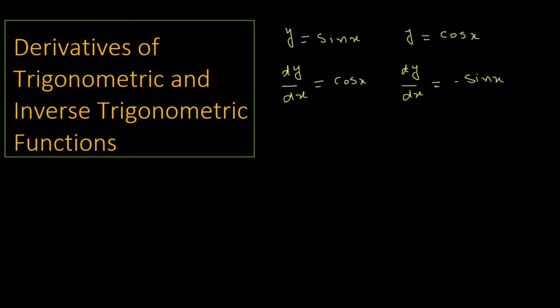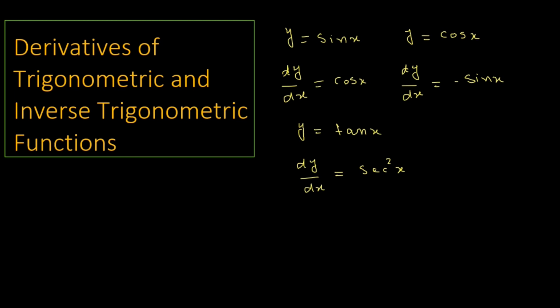And after that, if we take y is equal to tan x, then dy by dx is equal to secant square x. We can prove these formulas by the first principle.